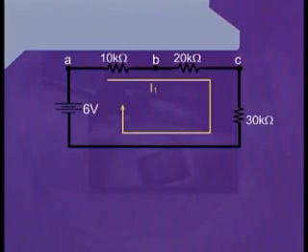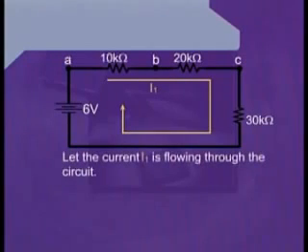Now, before we start solving this circuit, we consider that there is an amount of current I1 which is flowing through the circuit. Because all the 3 resistances apparently are in series to each other, we can confidently assume that the same current is flowing through all the resistances.